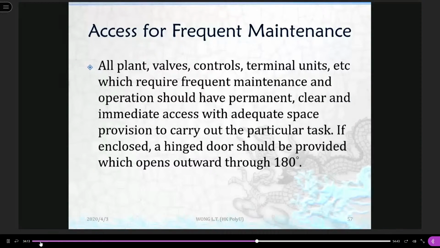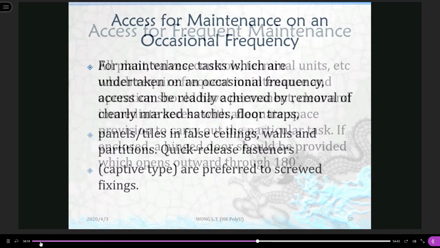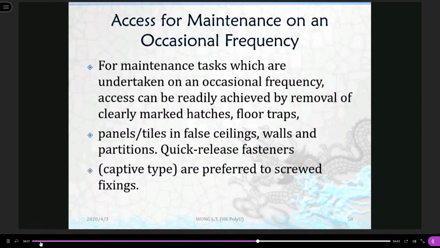I do have an example figure. I will show you at a later stage. Access for maintenance tasks of occasional frequency can be readily achieved by removal of clearly marked hatched floor traps, or some cover.